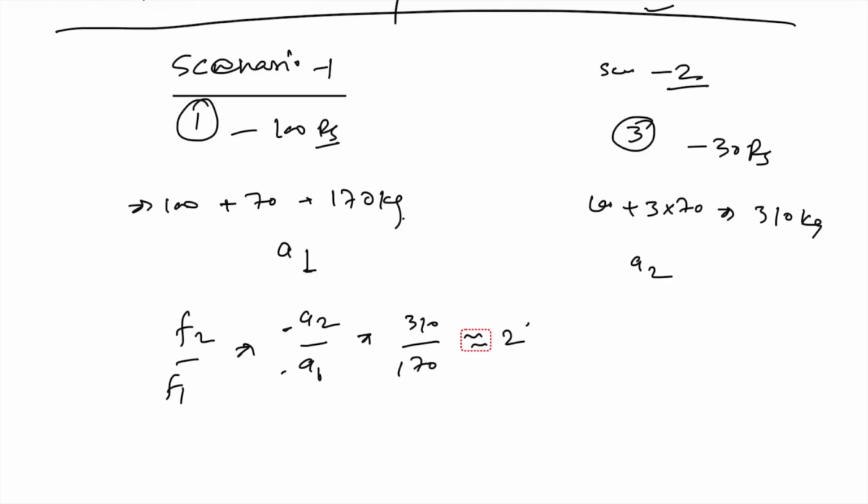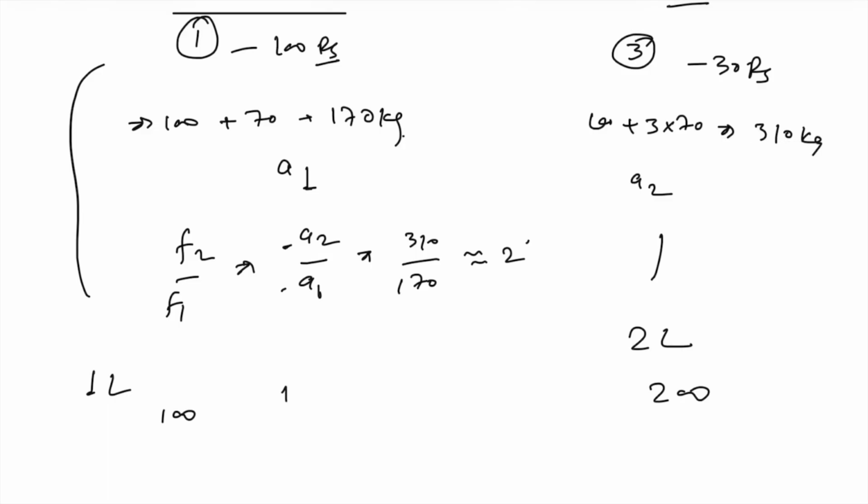So whatever fuel it takes in scenario 1, let's say 1 liter, it will take 2 liters in scenario 2. It will cost 200 there, here it will cost 100. So it's taking 100 from one person, so he's getting the break even.